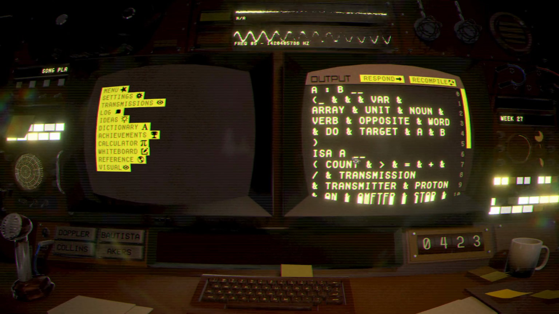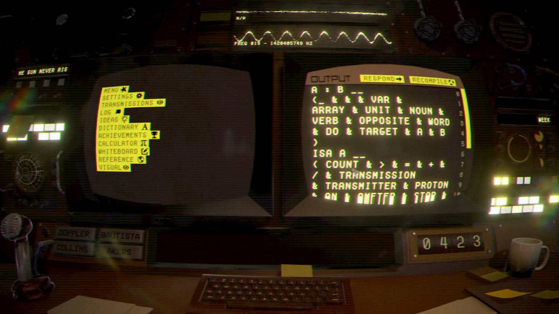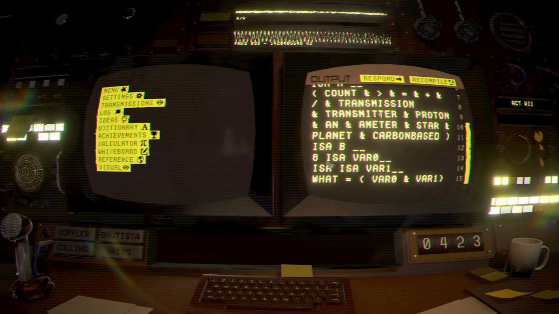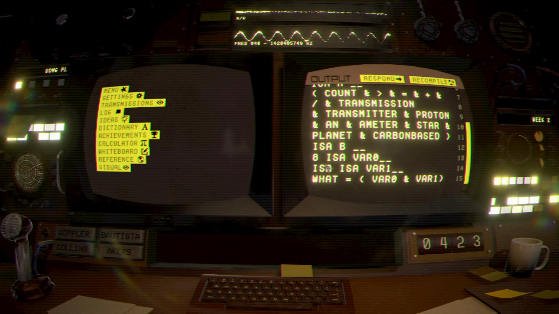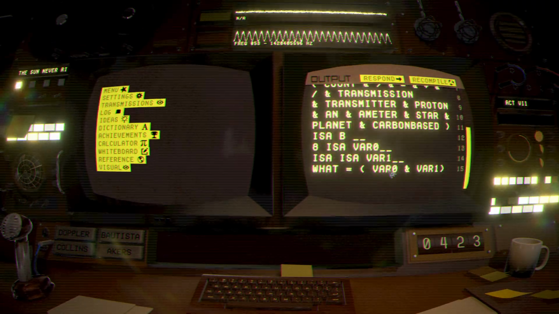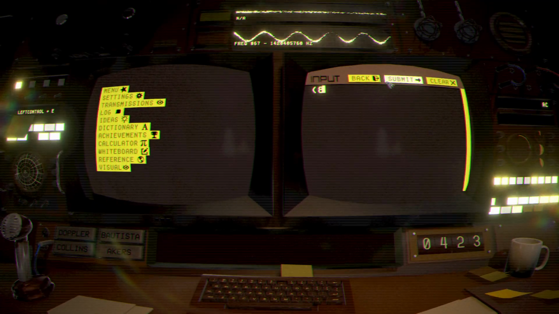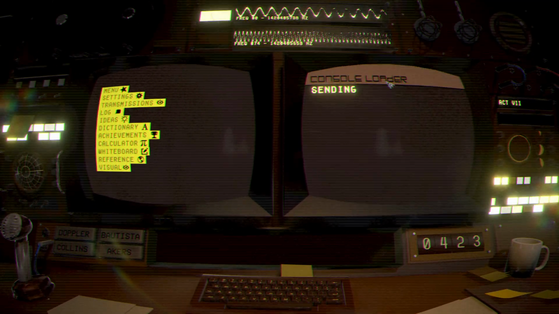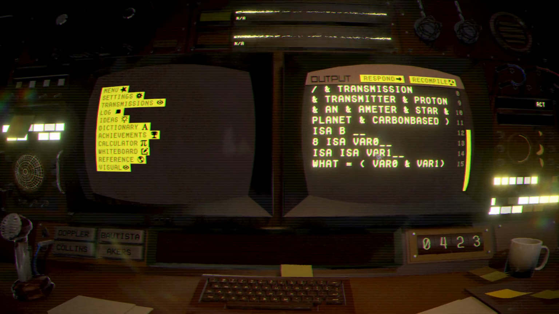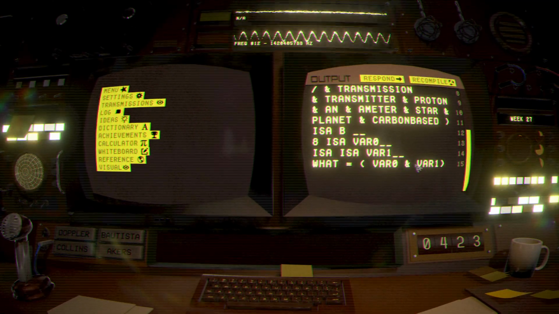Like this list is an A. This list is B's. Eight is a variable 0. Is a variable 1. Okay, so I'm thinking 8 is a. No, okay. Looking at here. What is variable 0 and variable 1?